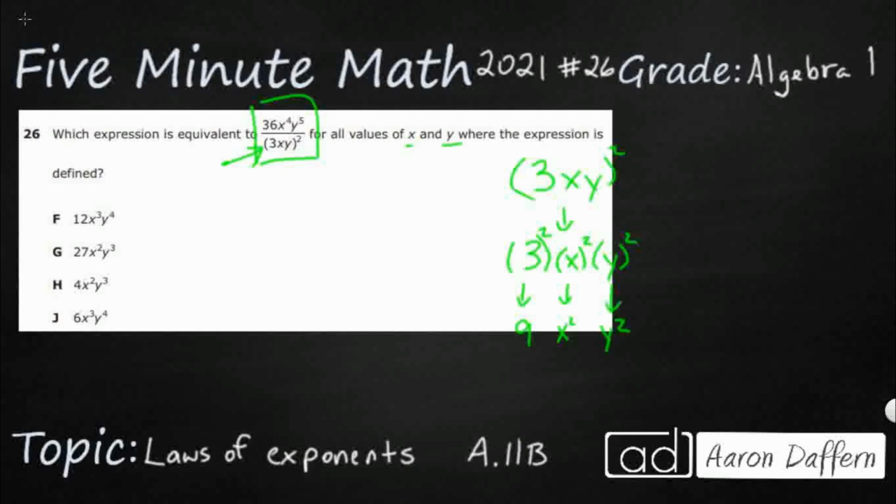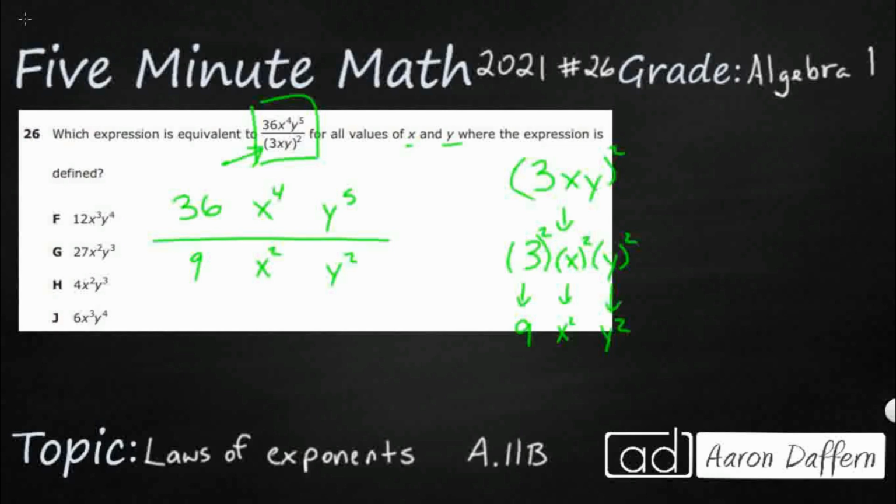So what we need to do now is rewrite this as 36, and spread it out a little bit, x to the 4th, y to the 5th, over 9, x squared, and then y squared.